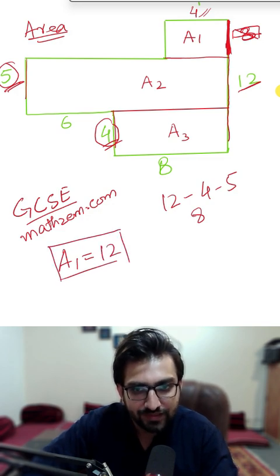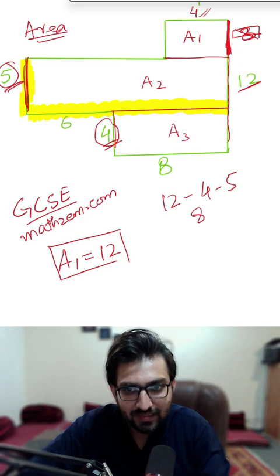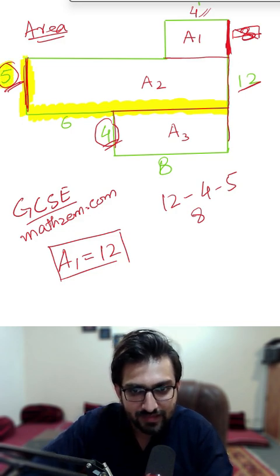Now let's come to area 2. So for area 2, we will multiply this line and that line. This line is given, which is 5. 5 multiplied by this line, where the horizontal line is equal to 6 plus 8.